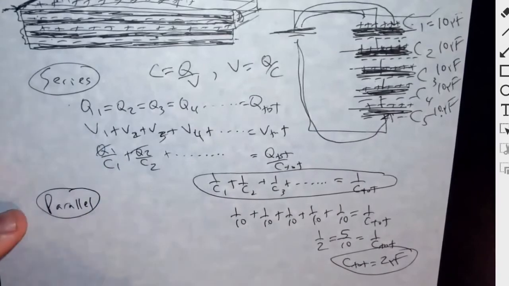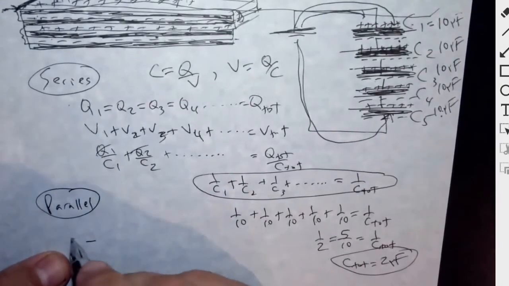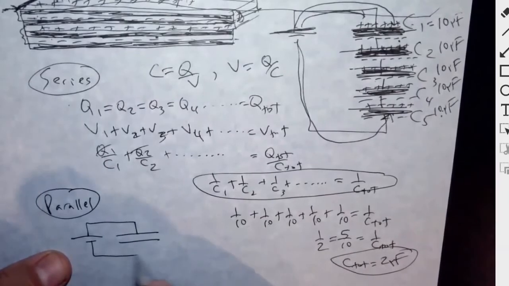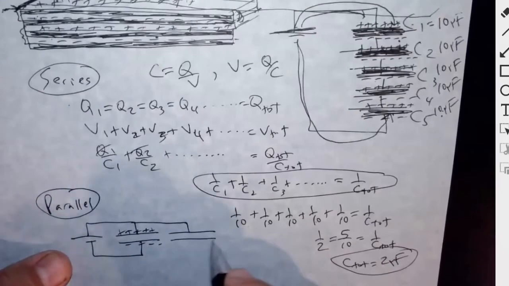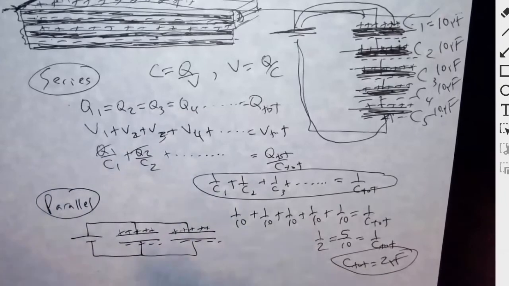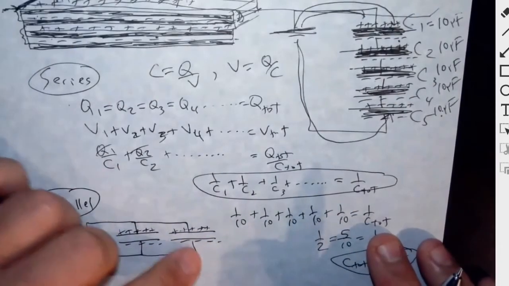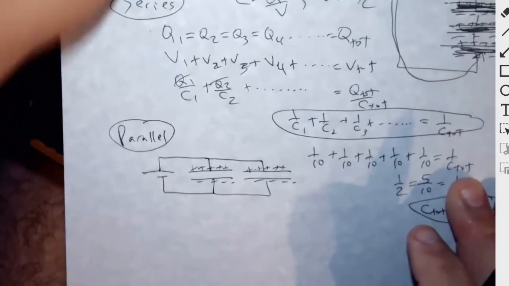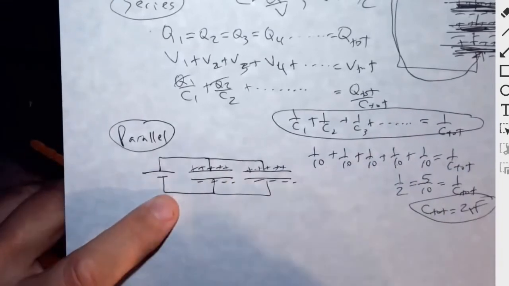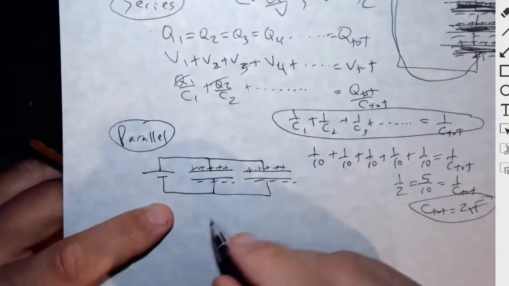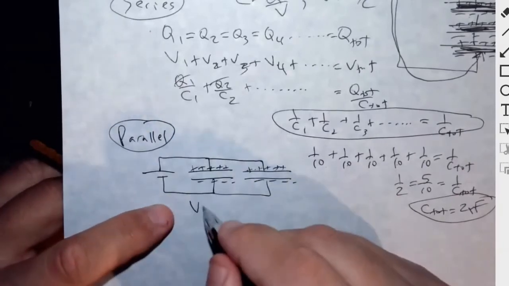Okay, how about in parallel? The opposite is going to happen, right? What does a parallel construction look like? You can have a bunch of these in parallel to make a bigger capacitor. They actually end up adding together. So what's the same and what adds up in a parallel construction? The voltages are the same.